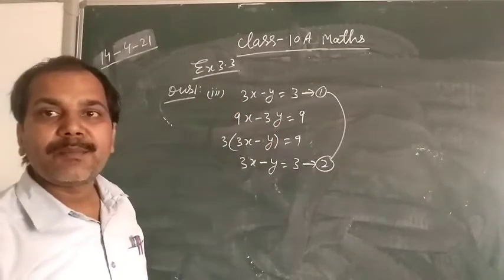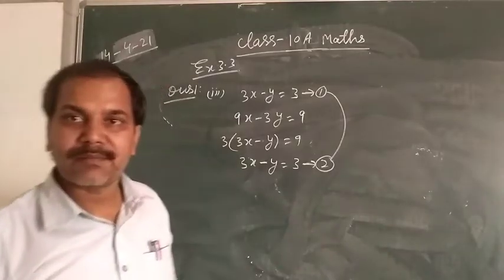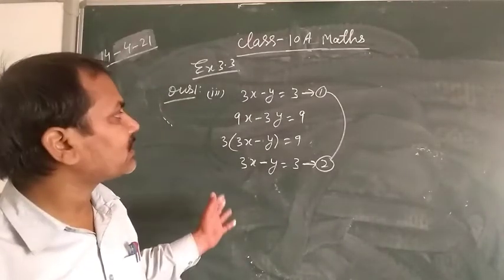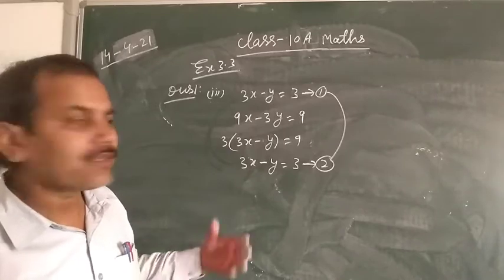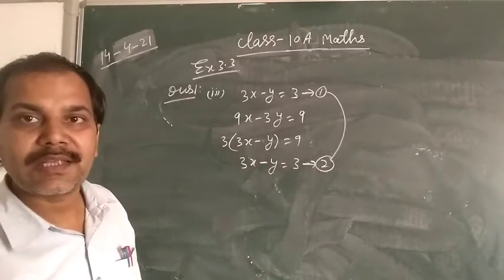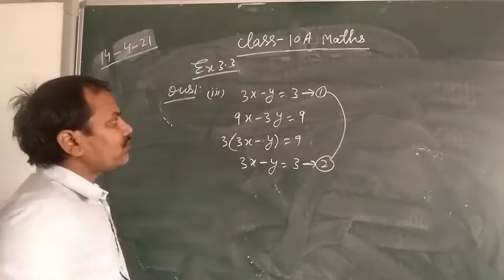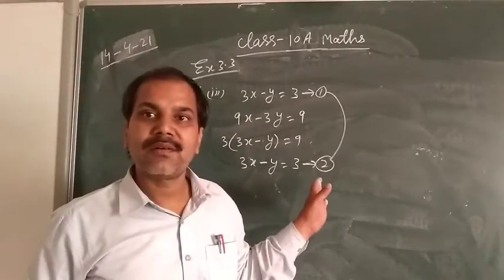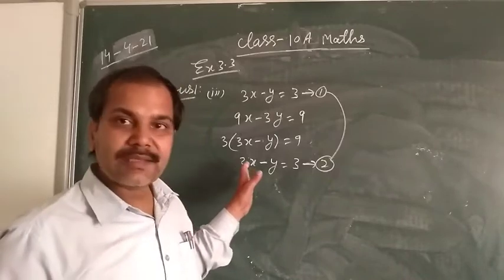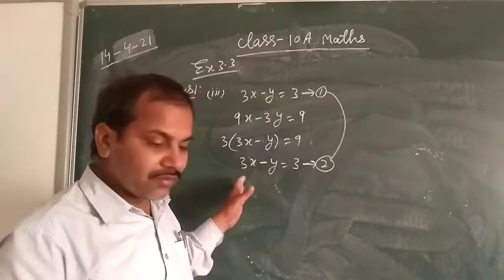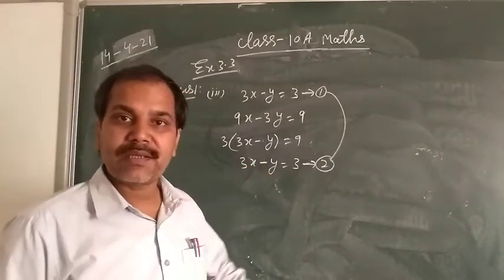Clear? And if both equations are the same, their left hand side and right hand side separately equal, then for these two equations we cannot find their x and y values by the substitution method. Why?